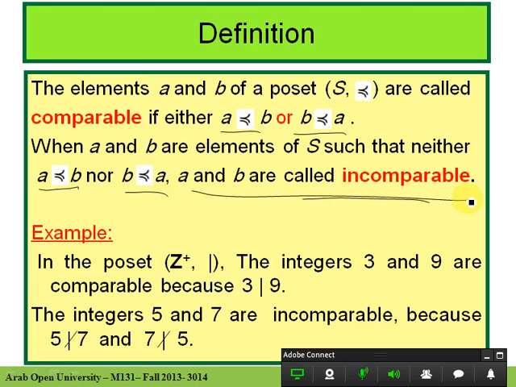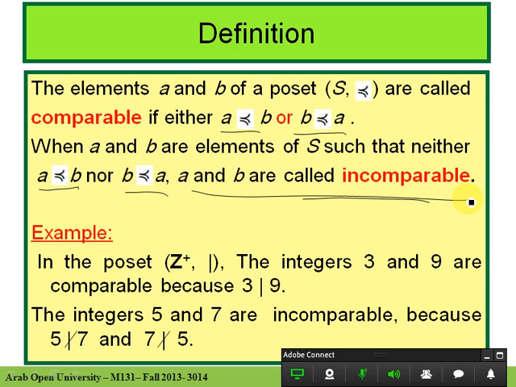Now what do you say about comparable? Comparable means we can compare two things. For example, I can compare a student with another student. This is a good student, this is a bad student. If they have a relation, they are in one set, we say that it is comparable.